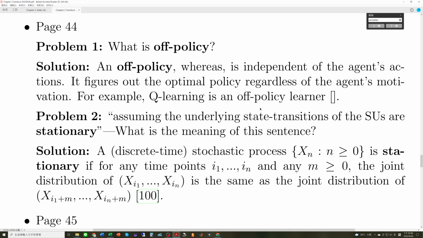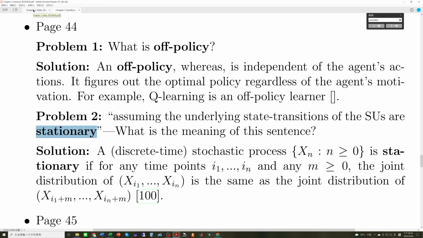A Markov chain is a discrete time stochastic process in our case. So this is the meaning of assuming the underlying state transitions of the secondary users are stationary.